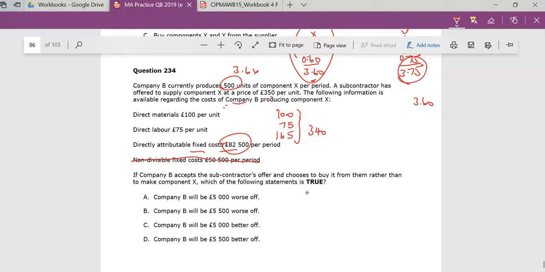If you go ahead with buying this from outside, you're going to be £10 worse off on every unit, and you're going to buy 500 units. So you're worse off by 10 times 500, which is 5,000. So the answer is A.